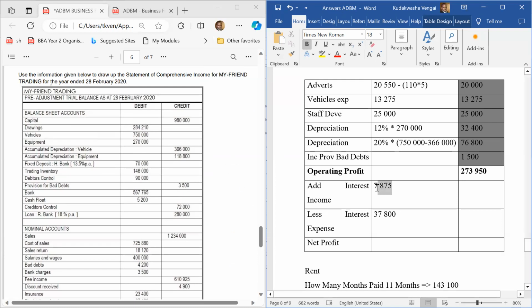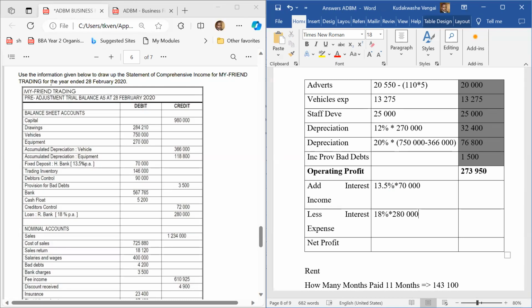So the easiest way to do this is just to say 13.5% multiplied by the fixed deposit, which is 70,000. And then the loan interest says 18% per annum. The best way to do this is just say 18% and multiply by 280, so that you just get the full year at once.